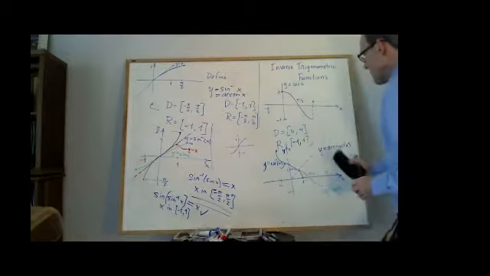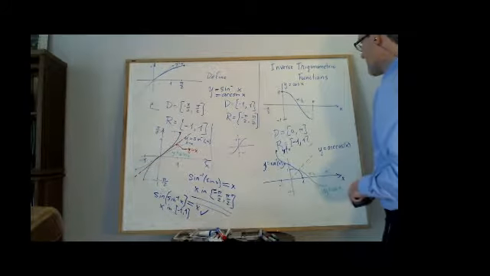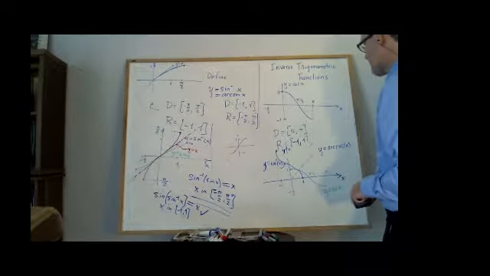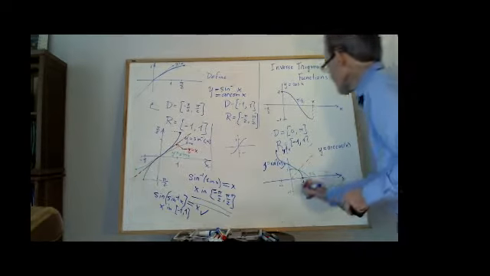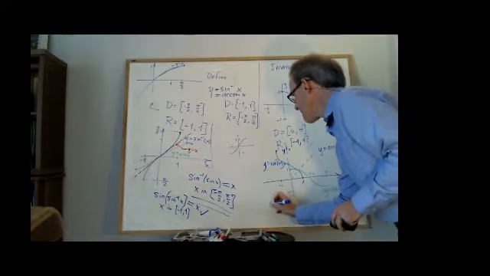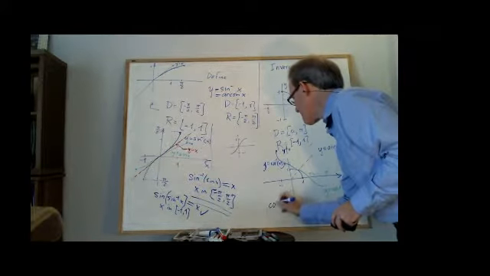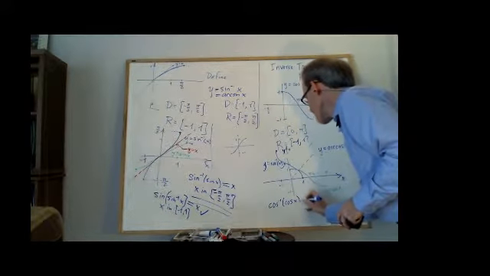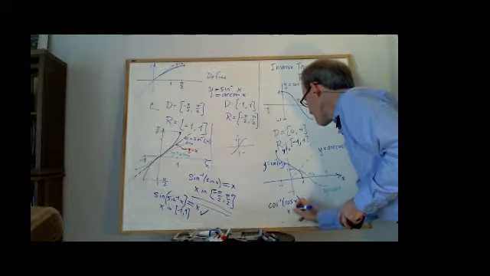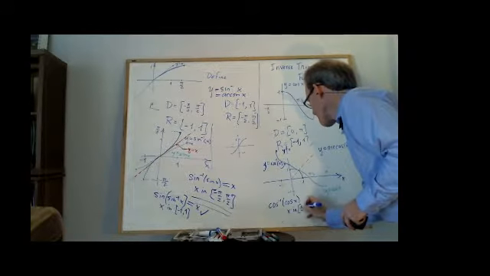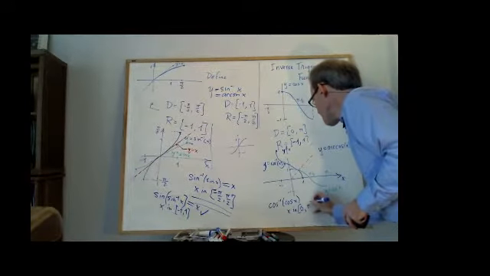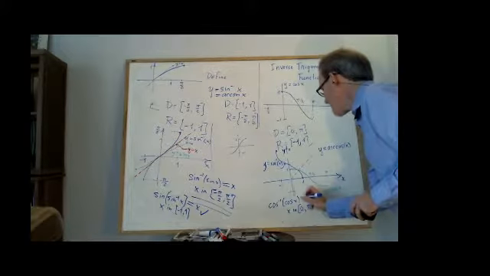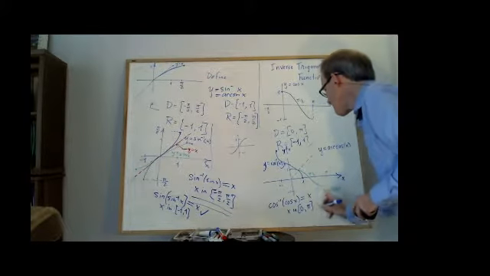Okay, and then same sort of thing for the cosine and the inverse cosine. If you take the inverse cosine of the cosine of x, x has to be in the interval from 0 to 2 pi in order to get this identity to hold.